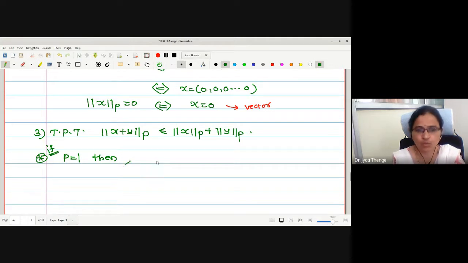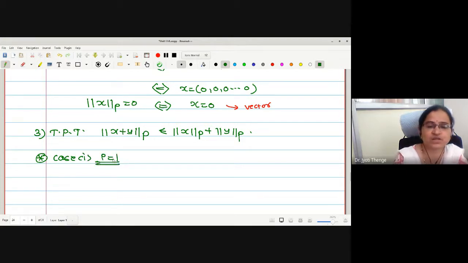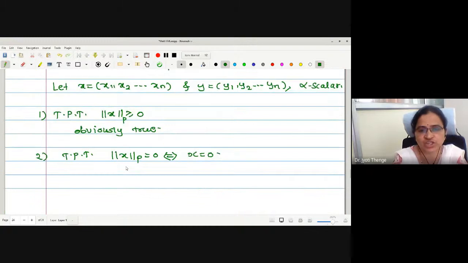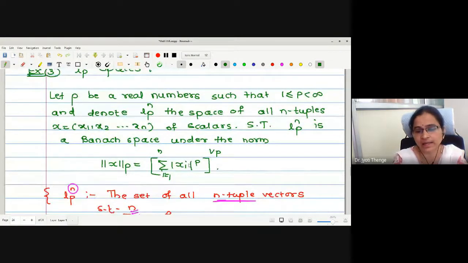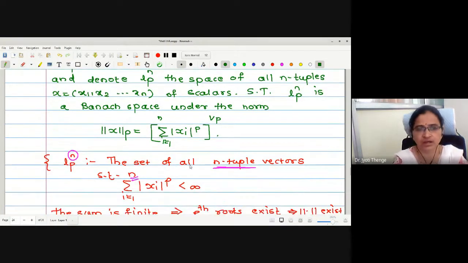What happens if p equals 1? Or I will make this a sub case only. Case 1, p equals 1. If p is equal to 1, what does the definition change to? This is norm 1 and this is mod xi raised to 1 upon 1, which is simply summation mod xi. Correct?